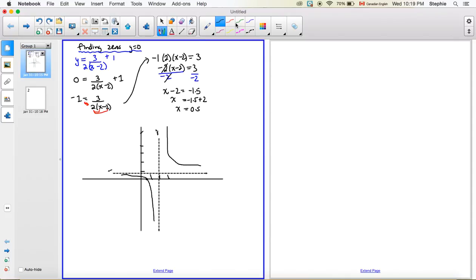Of course, you could always come up with other points. If you want precision, you just make up some other values. Like what happens if x is 0? Well, y is equal to 3 over 2 times 0 minus 2, plus 1, which is equal to 3 over 2 times negative 2, which is negative 4 plus 1.